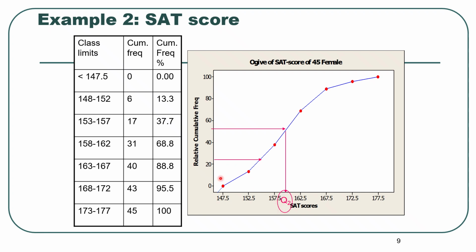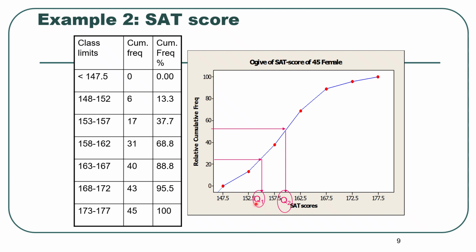And if I want to find, for example, the 25th percentile, Q1, I would go to my y-axis at exactly 25% on the relative frequency, and go straight until I hit my curve, and from that point I would read Q1 down here.